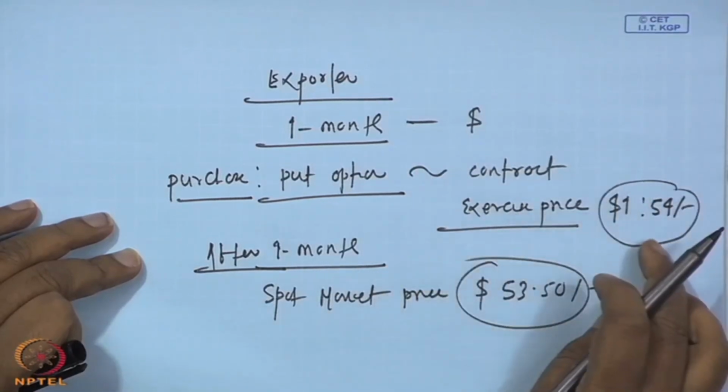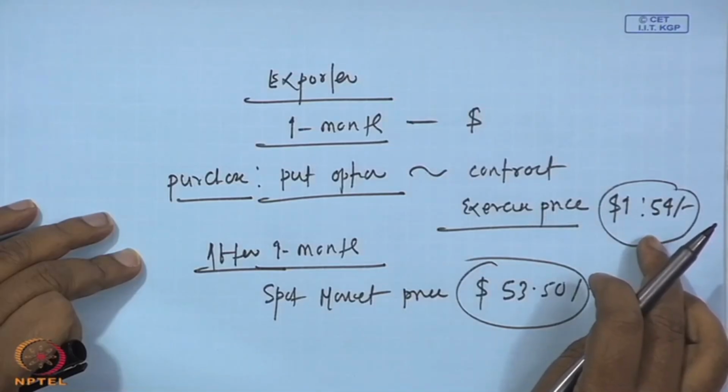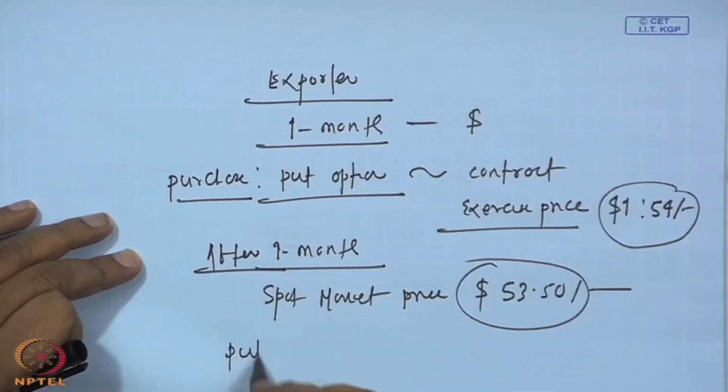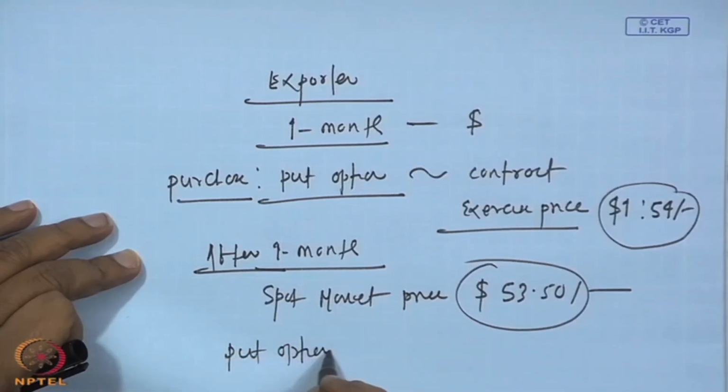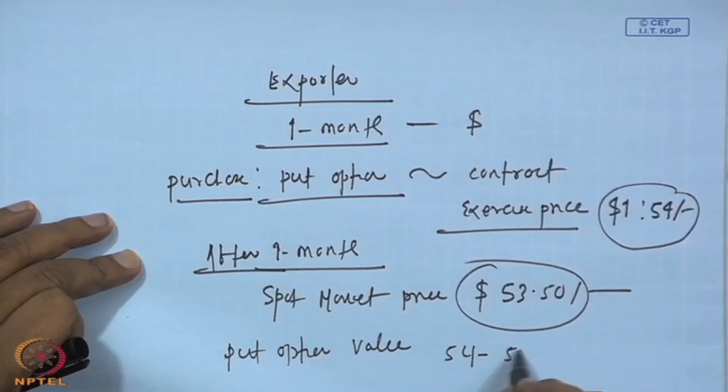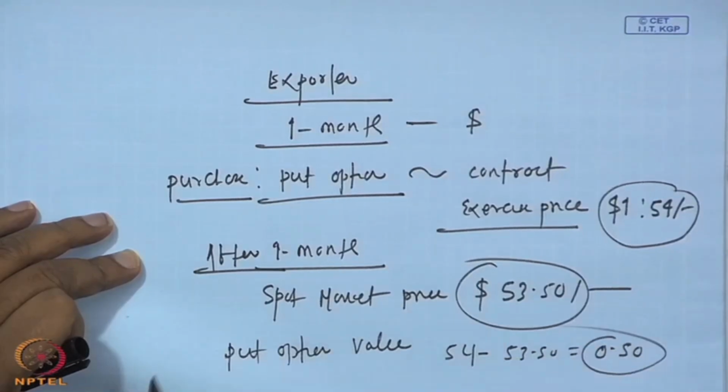I will do this, because here I am getting more rupees than in the spot market. So my put option value is 54 minus 53.50, that is 50 paisa per dollar.